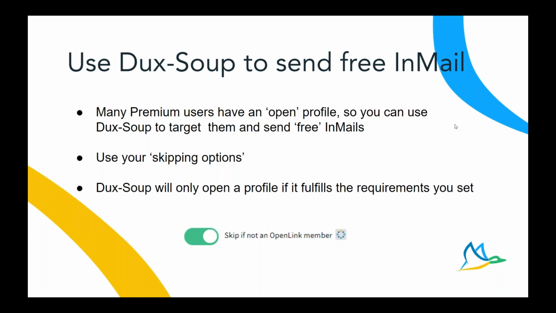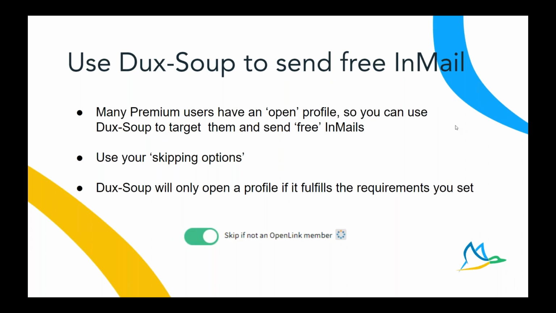I'll show you that in the demo very shortly as to how that works. This is an incredibly useful way to go above and beyond your monthly limit of InMail credits to target the people who are open to receiving InMails without it costing you one of your credits. And that's a really good thing, because you can't filter your search results by that within LinkedIn, but you can use the features within Dux-Soup to identify those people, or to only visit those people, I should say.